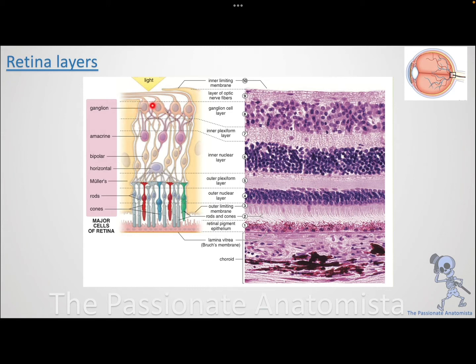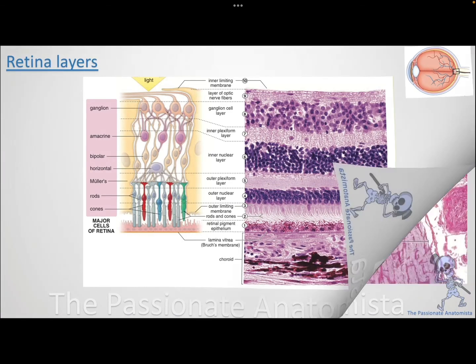So if you have an exam question about which cells in the retina are the cell bodies of the optic nerve, it's the ganglion cell layer. From here, you get the information all the way through the optic nerve and processed in the brain up until you reach the visual cortex.